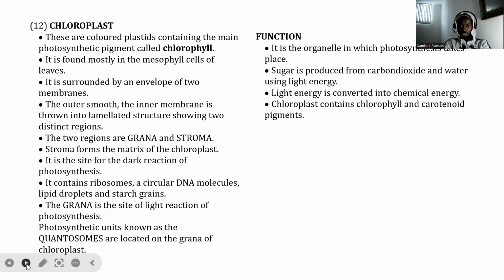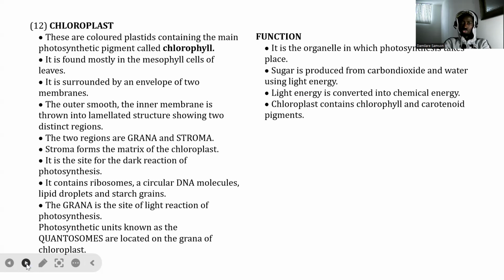The stroma forms the matrix of the chloroplast. It is the site for the dark reaction of photosynthesis. Remember, in photosynthesis, we have the light reaction and we have the dark reaction.